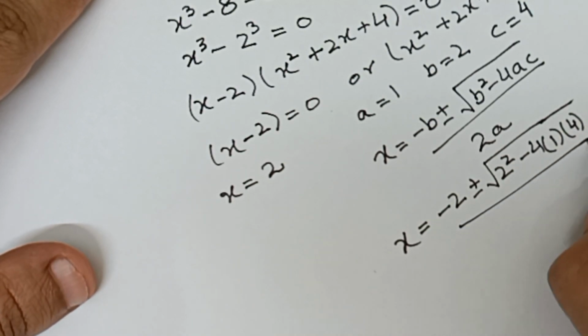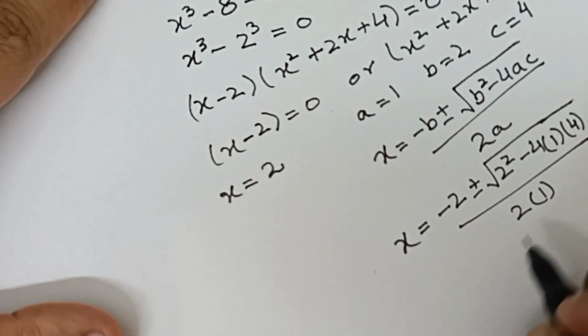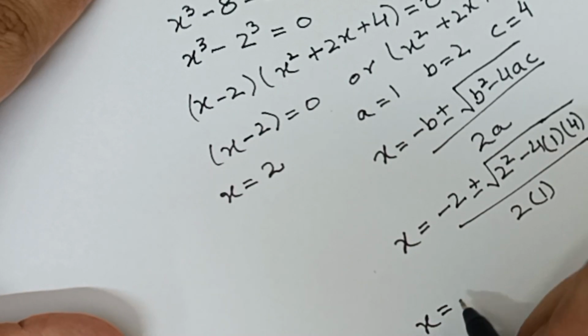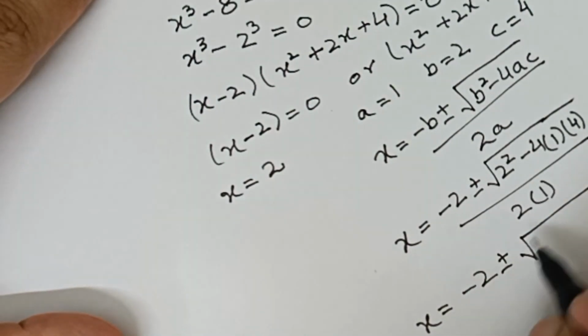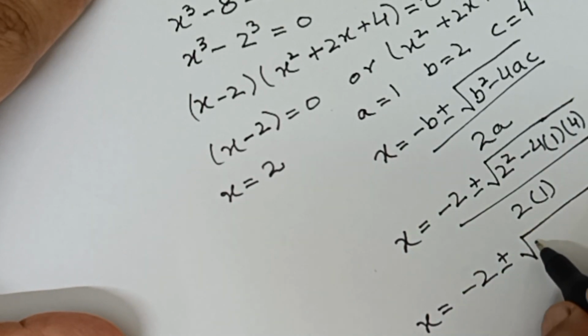Now minus 2 plus minus square root of 2 square will be 4 and 4 into 4 will be 16. 4 minus 16 will be equal to minus 12.